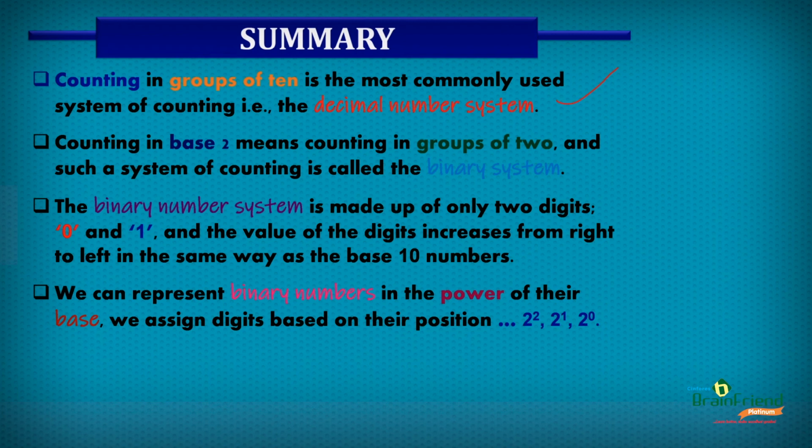We also learned that counting in base 2 means counting in groups of 2, and such a system of counting is called the binary system. Also, we learned that the binary number system is made up of only 2 digits, 0 and 1, and the value of the digits increases from right to left in the same way as the base 10 numbers.